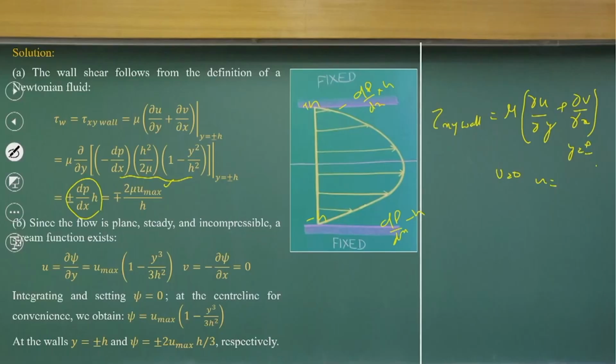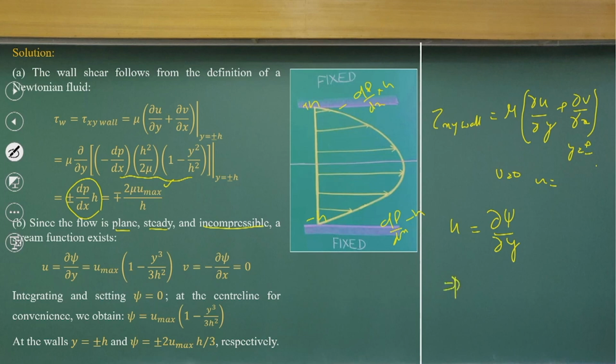Now, if I look at it as a plane, it is a two dimensional plane flow. So, it can have a stream function. We can get the stream function because it is a two dimensional flow, in x and y, the flow is steady and incompressible. So, you know u equal to del psi by del y, the definition.